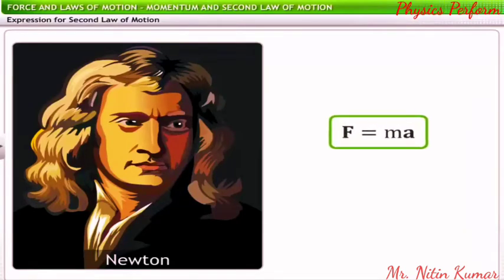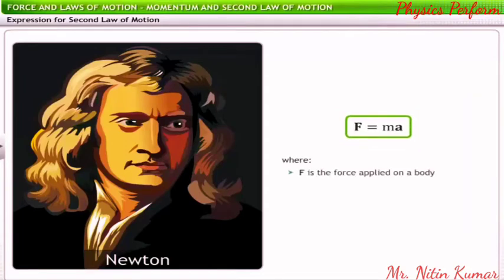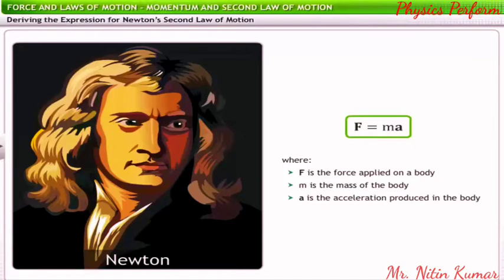Newton's second law of motion can be expressed mathematically as F is equal to ma, where F is the force applied on a body, measured in Newton in the SI system and in dyne in the CGS system. M is the mass of the body, and a is the acceleration produced in the body.